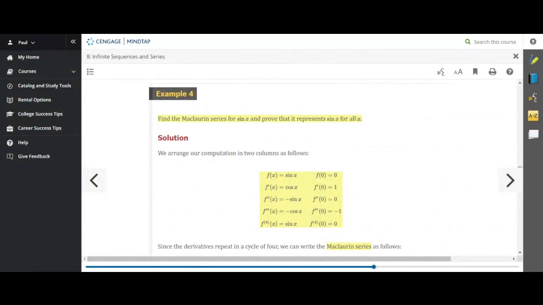In example 4, they want you to find a Maclaurin series for the sine of x and prove that it equals the sine of x for all x.